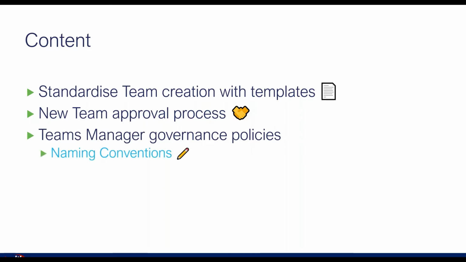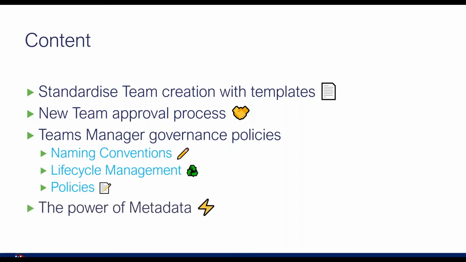So those are things like naming conventions, how you can force and standardize naming conventions for teams. Also, lifecycle management. We'll discuss how you can manage legacy teams and maybe teams that are no longer required. And we're going to look at how naming conventions and lifecycle management policies bring everything together into one big policy.